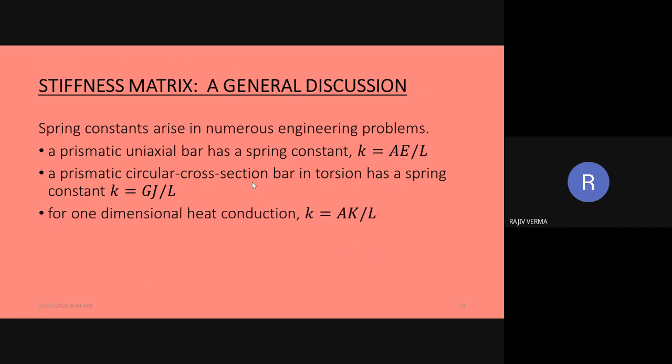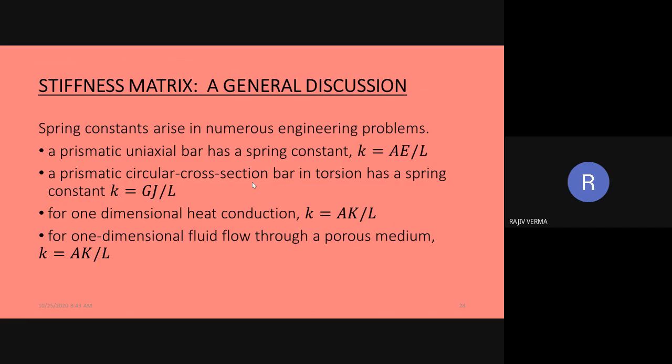But a term such as AK/L, which exists in the one-dimensional Fourier conduction case, is also going to be termed as a stiffness matrix. Though the mathematical relationship in this particular case is going to be derived between temperature, which happens to be the nodal variable, and heat sources or heat sinks, which are the disturbing parameters.